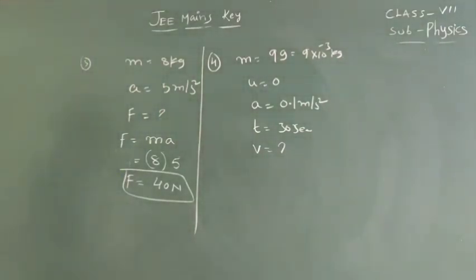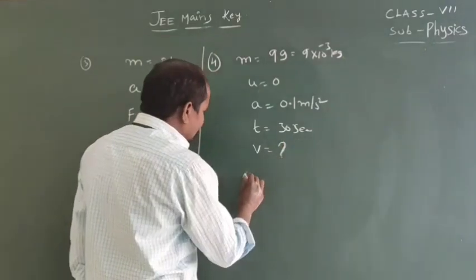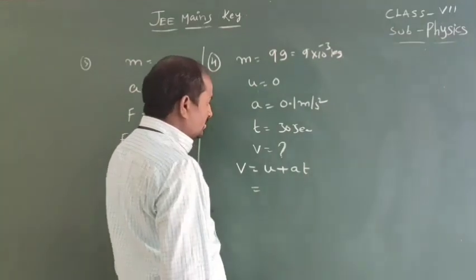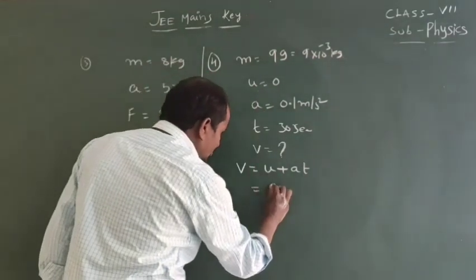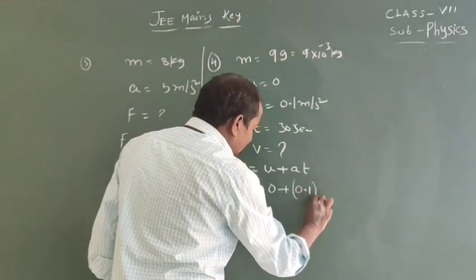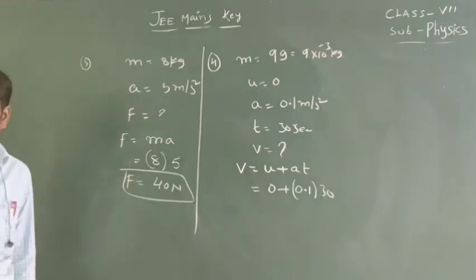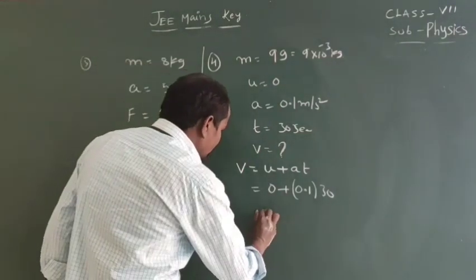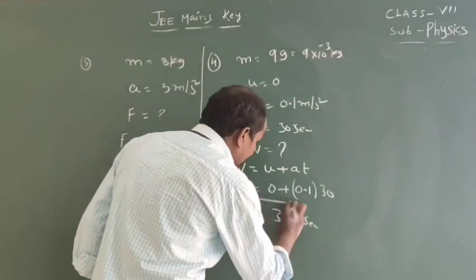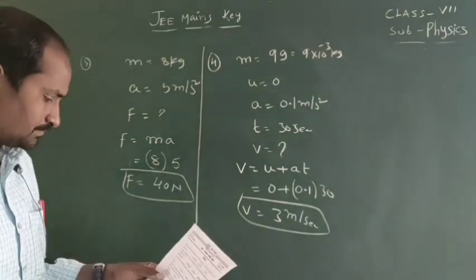So from the first equation of motion in kinematics, v equals u plus at. u equals 0, plus a equals 0.1 into t equals 30. So 0.1 into 30 equals 3. So v equals 3 meter per second. The final velocity of the body equals 3 meter per second.